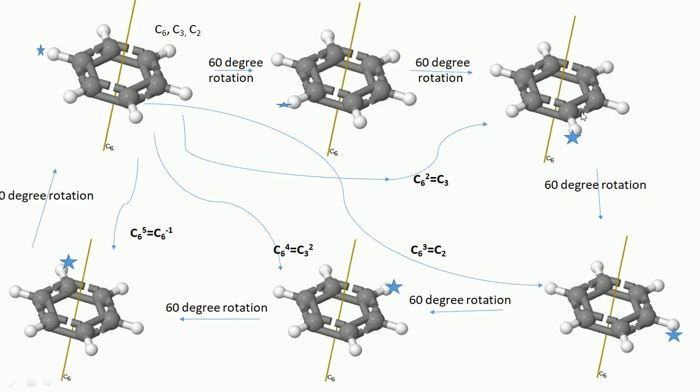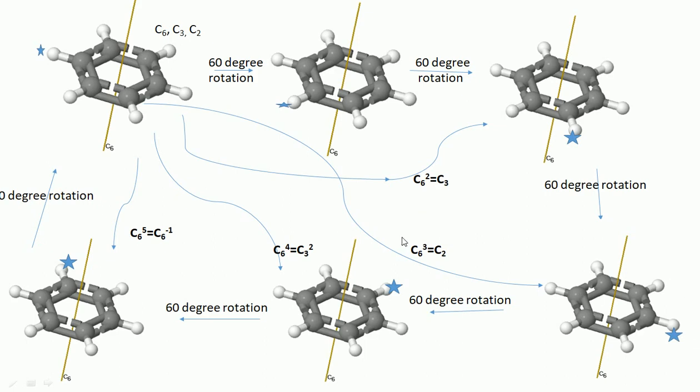If you do a third rotation, that is C6 3, this is C6 1, C6 2, C6 3, the third time rotation, that is actually equal to a C2 rotation, because when you rotate this molecule through the same axis by an angle of 180 degrees, this starred hydrogen will reach this position, that is this image, you see.